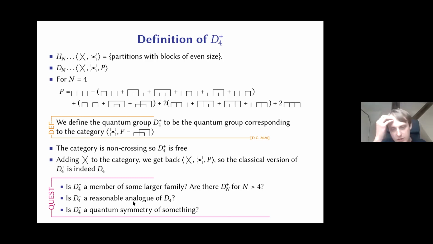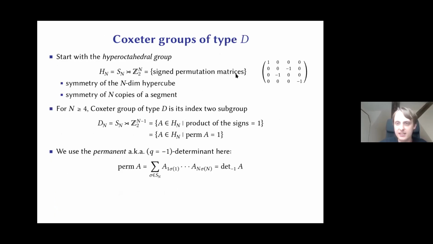What I also wanted to say and didn't is that this construction is kind of strange. Classically, it's a usual thing of taking some group, or a quantum group, and taking a subgroup defined by some subrepresentation, saying that some representation equals 1.